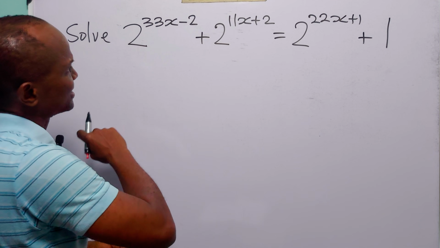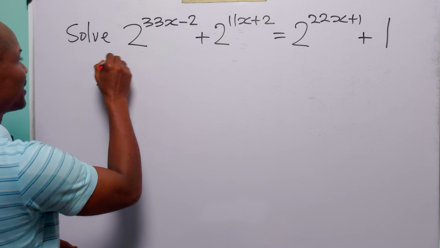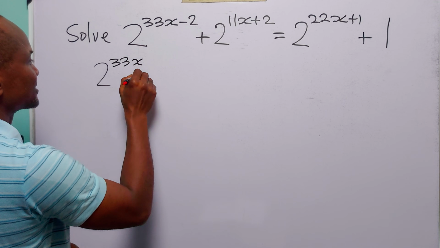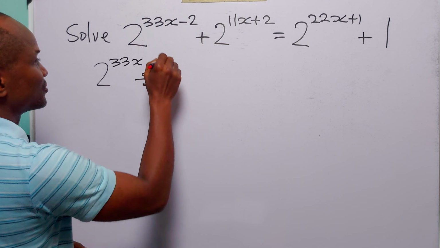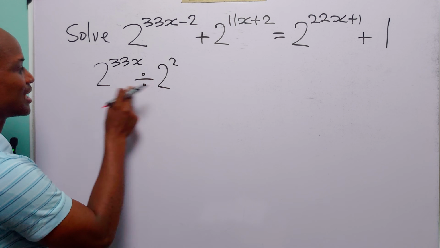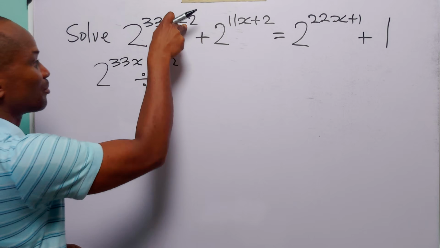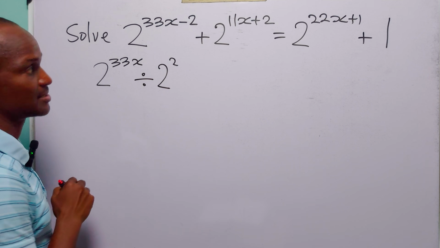Now, from our laws of indices, we can write this first term as 2 to the power 33x divided by 2 to the power 2. Because remember that when we divide two numbers with the same base, all we have to do is subtract their exponents.